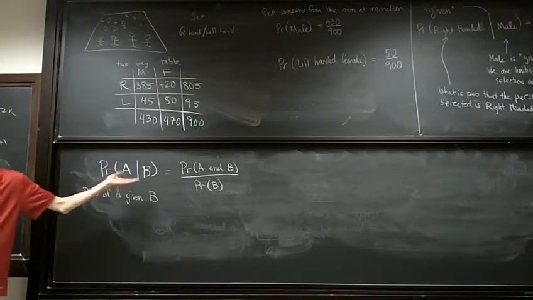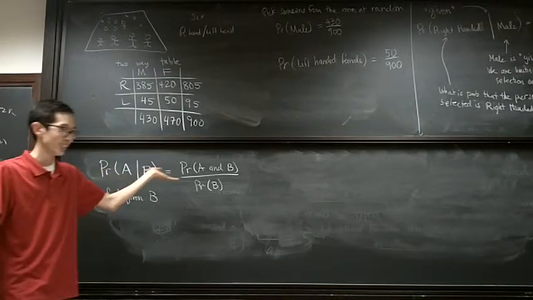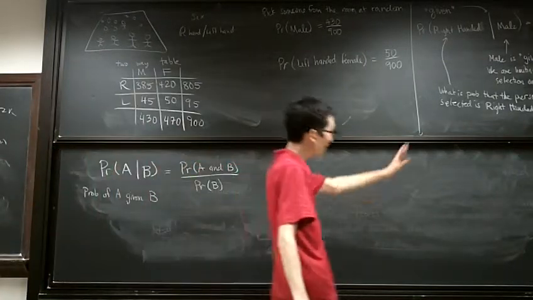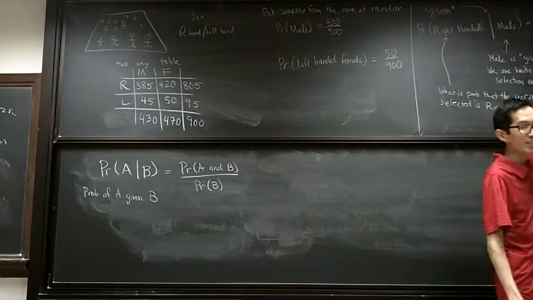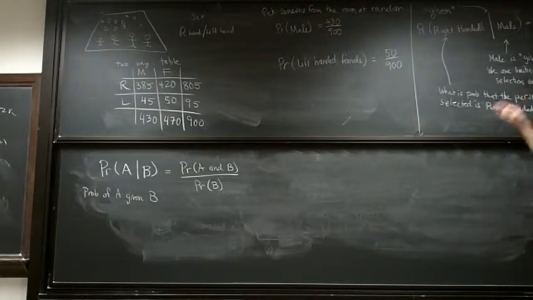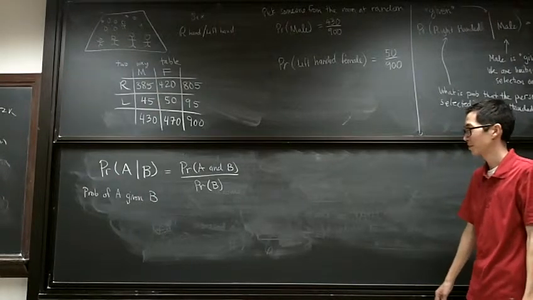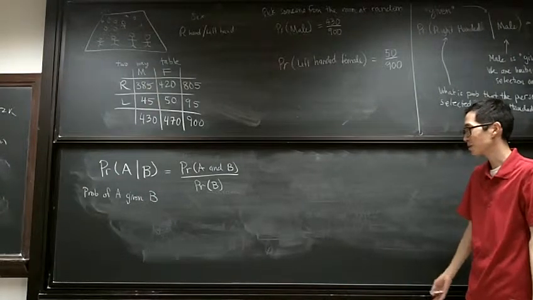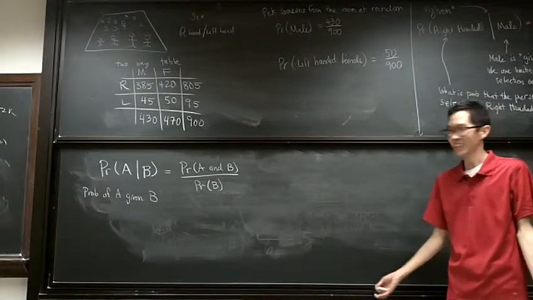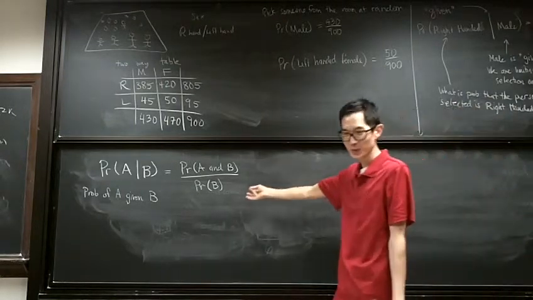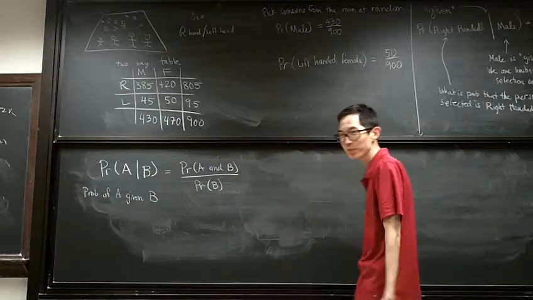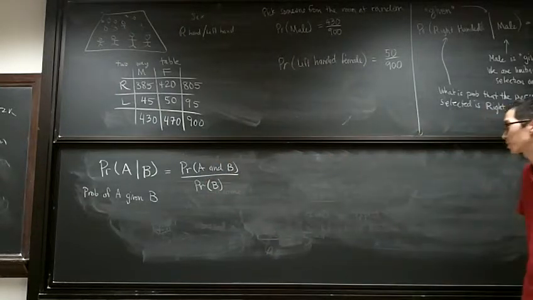It's just the rule that you're going to have to write down and feel okay with, okay? That's all we've done here, except it doesn't look like this because we have a table and we're using real numbers. This is the probability of A given B, the equation for finding conditional probability.